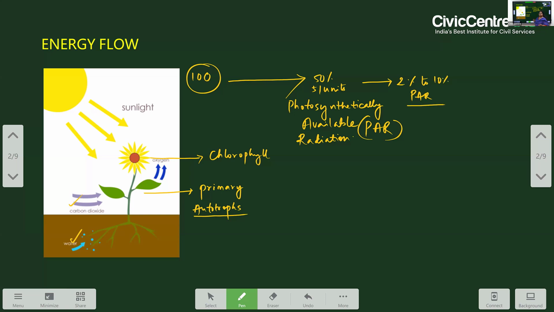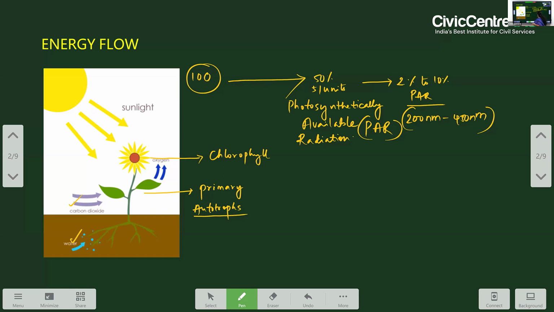Why is it so? Because the solar radiation on earth is a huge spectrum. Now, the plants require only a specific spectrum of this radiation that can be utilized for the process of photosynthesis. What is it? That is the wavelength between 200 nanometers to 450 nanometers of the solar radiation that is utilized by the plants.